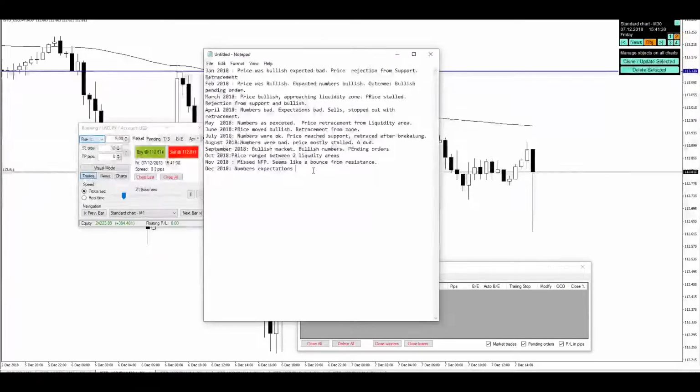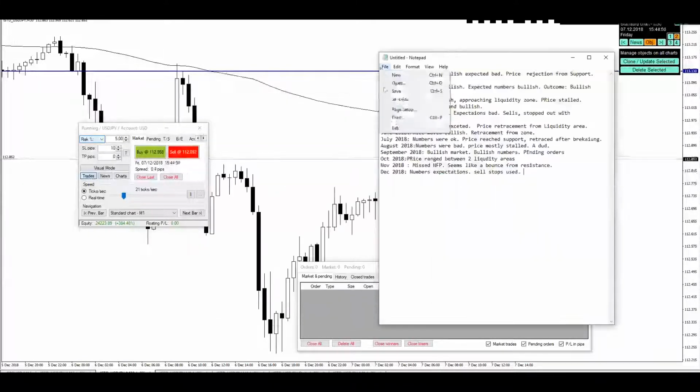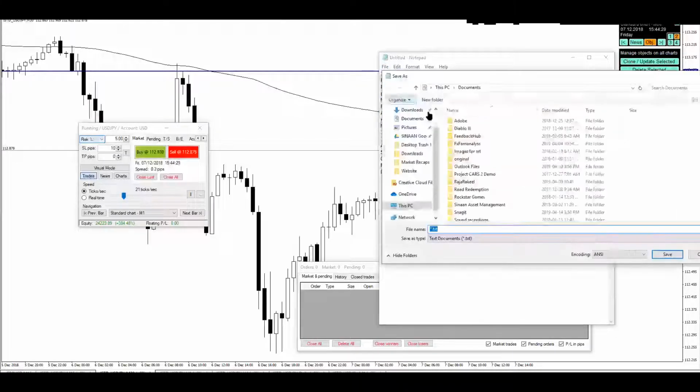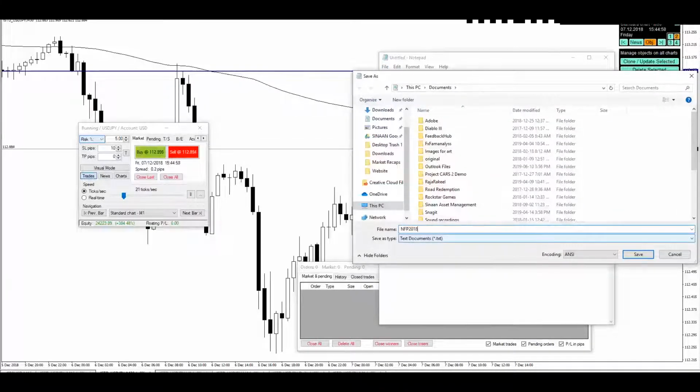Number expectations bad, so basically it's a sell stop. Sell stops used. Yeah, so I'm going to save this one here. NFP 2018, backtesting.